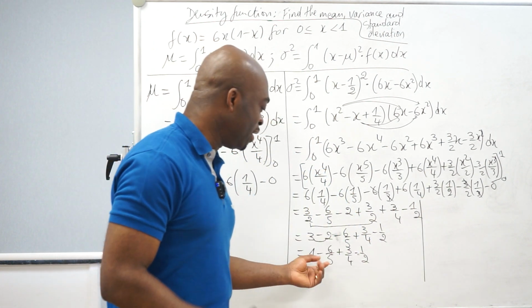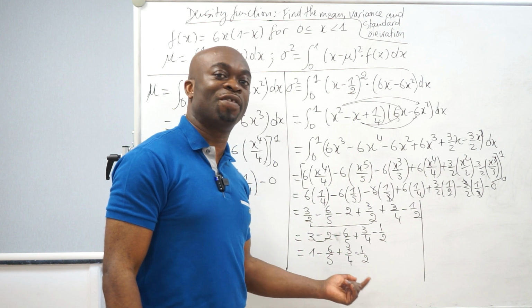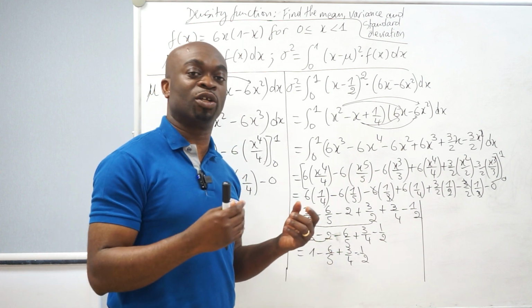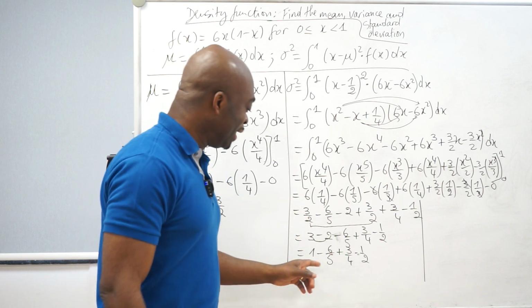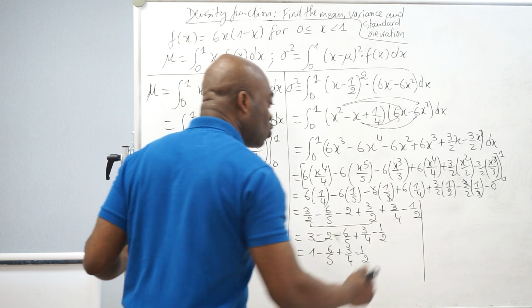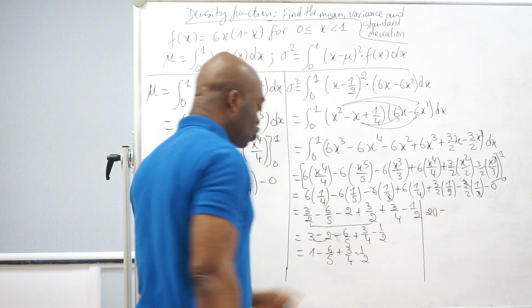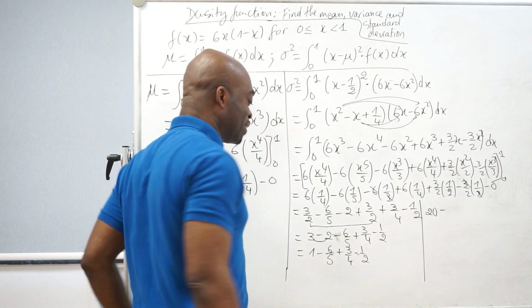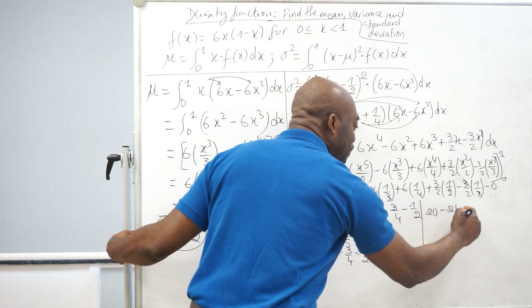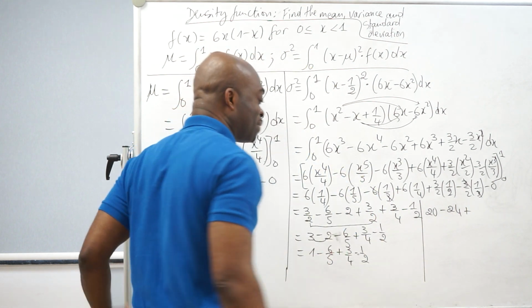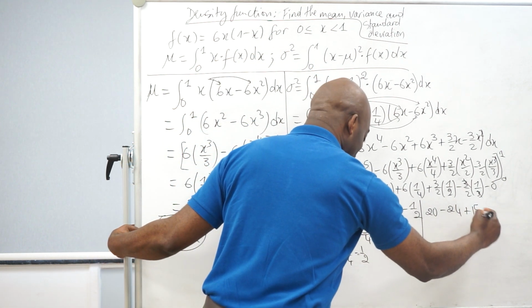So what's happening here? We got fractions here, right? So 5 and 4 are the denominators. So what can we do? We can find the lowest common denominator, which is 20. And then 20 times 1 is going to give us 20. Minus 20 divided by 5 is 4, 4 times 6 is 24. Plus 20 divided by 4, which is 5, 5 times 3, which is 15.